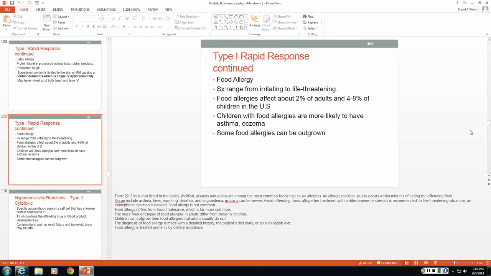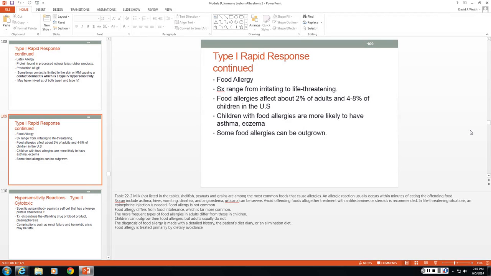Food allergies are not common. They only make up about 2% of adults' and about 4 to 8% of children's allergies in the United States. Food allergies differ from food intolerance, which is far more common. The most frequent types of food allergies in adults differ from those in children.